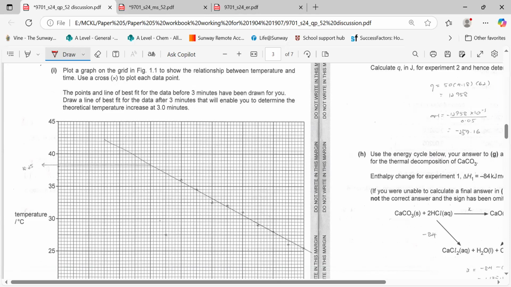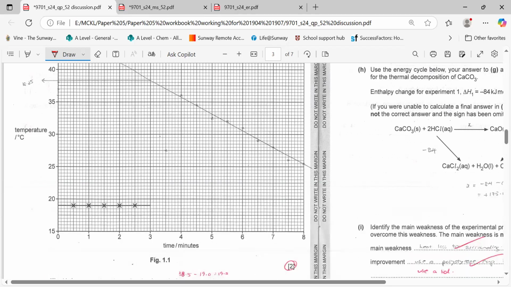Now the points and line of best fit for the data before 3 minutes have been drawn for you. Normally, I think this is also another question in maybe other papers. What is the purpose of measuring the temperature for the first 2.5 minutes? For me, it is to check whether the lab environment is stable in temperature or not.